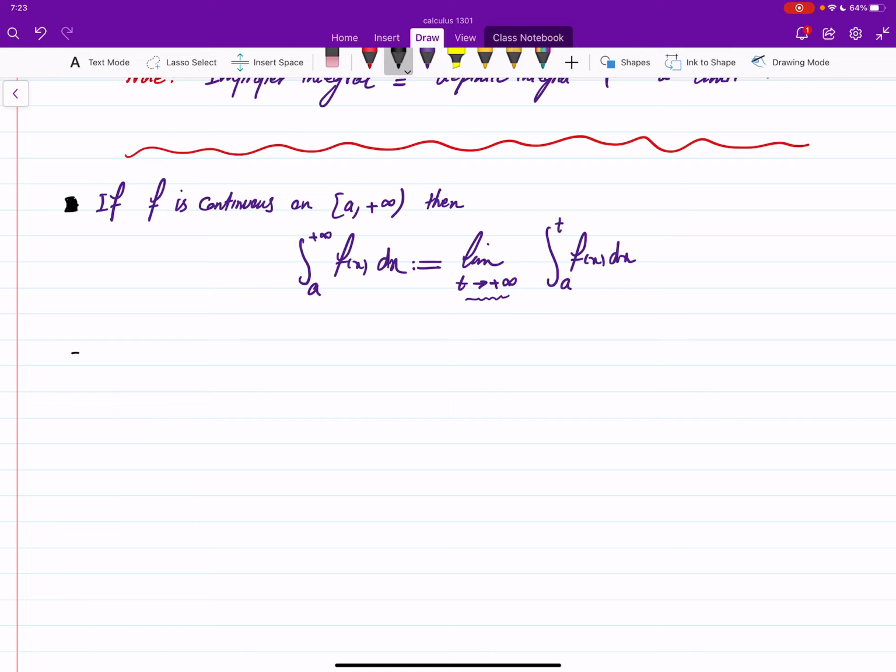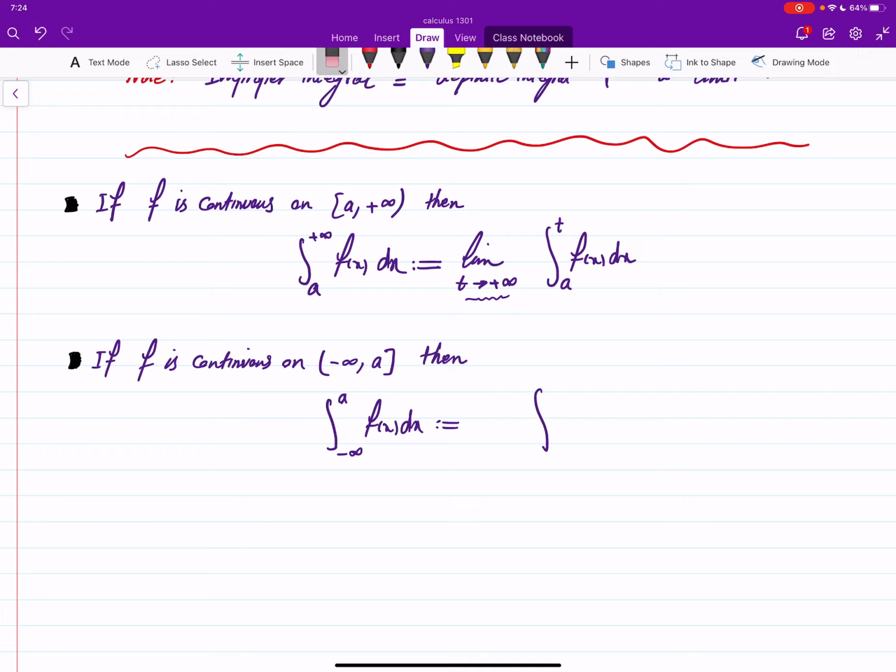The second case is when the lower limit is negative infinity. In that case, we are assuming that f is continuous on (negative infinity, b]. Then by the integral from negative infinity to b of f of x dx, we mean: you replace negative infinity by t as a variable, and go from t to b.